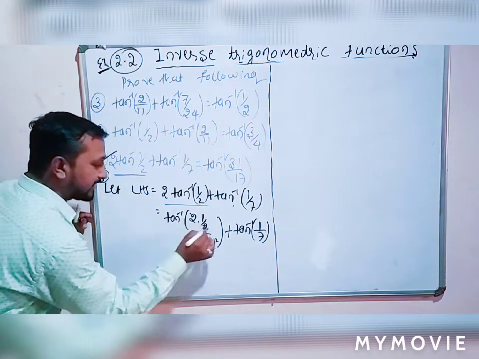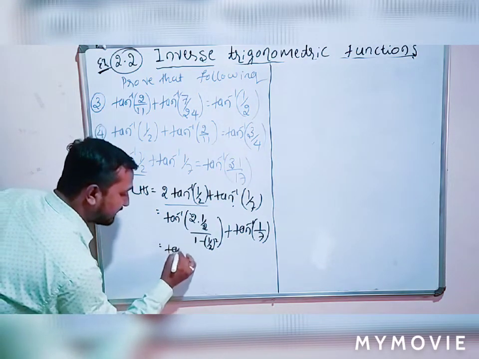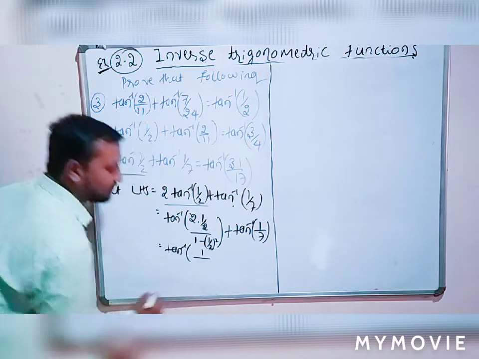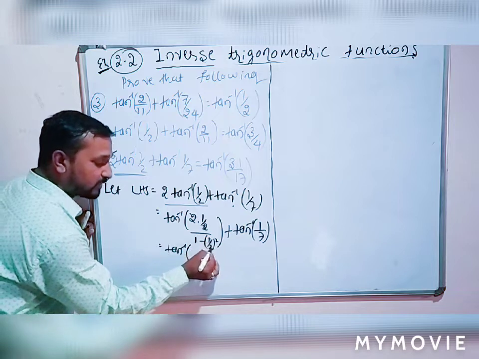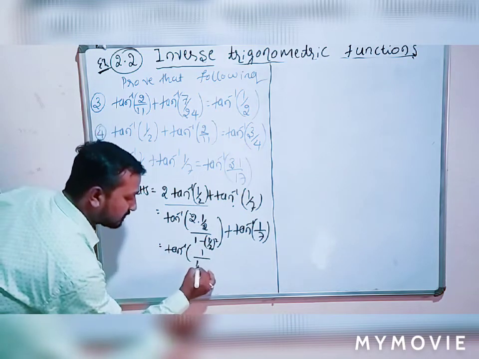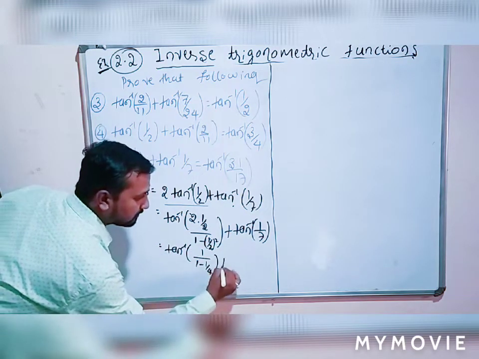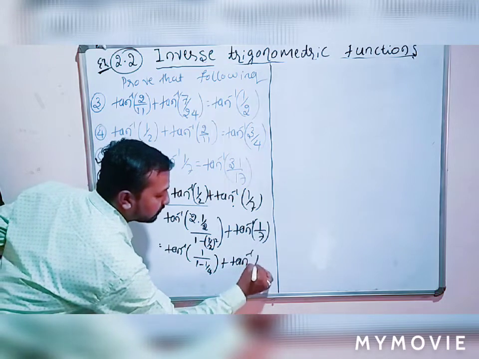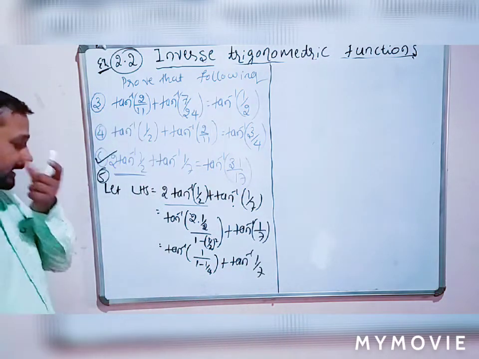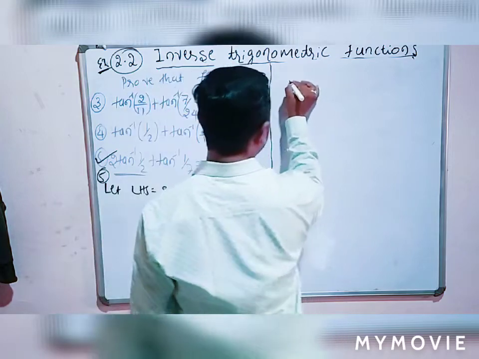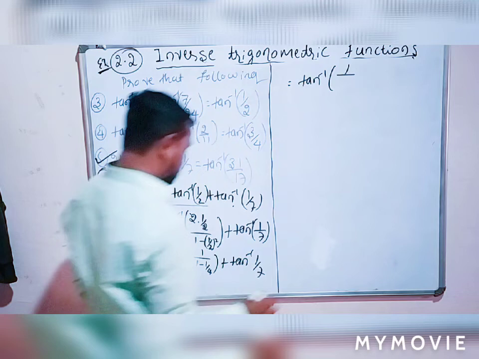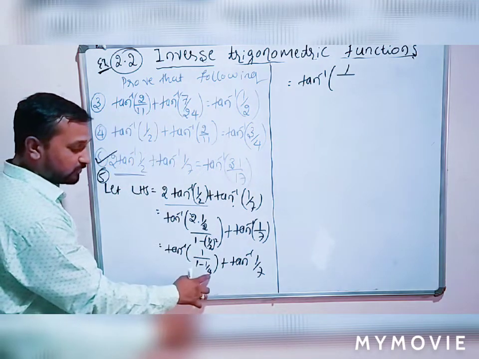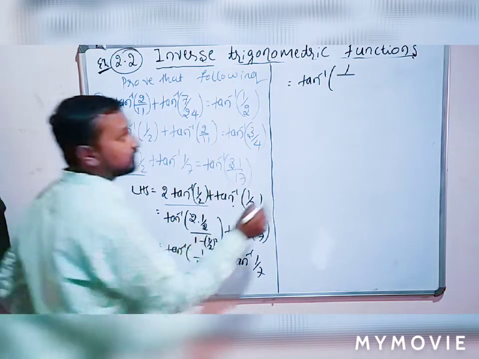So here 2 and 2 get cancelled. This is tan inverse of 1 divided by, 1 by 2 square is nothing but 1 by 4, so 1 minus 1 by 4, plus tan inverse of 1 divided by 7. Next, that is equal to tan inverse of 1 divided by, take LCM. 1 minus 1 by 4 is nothing but 3 divided by 4.